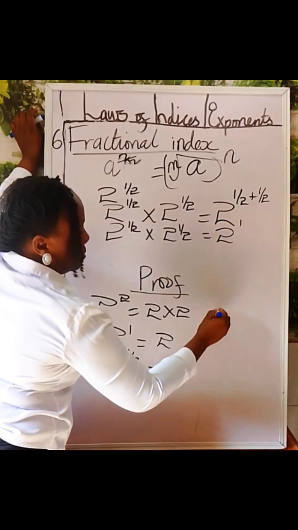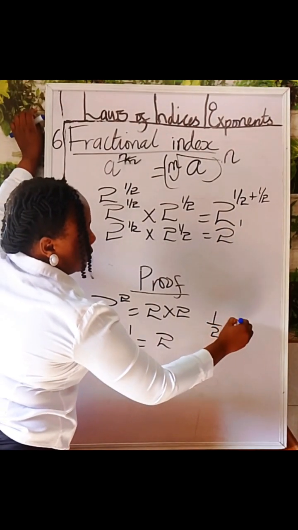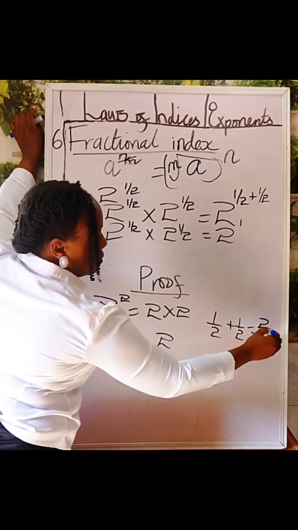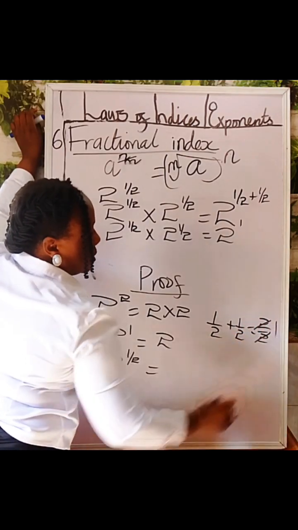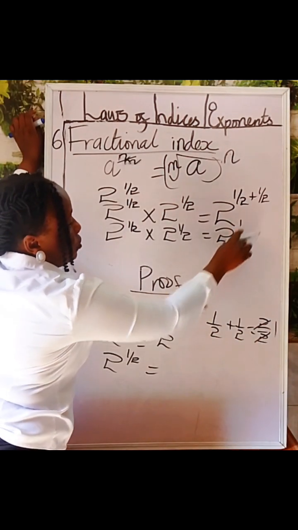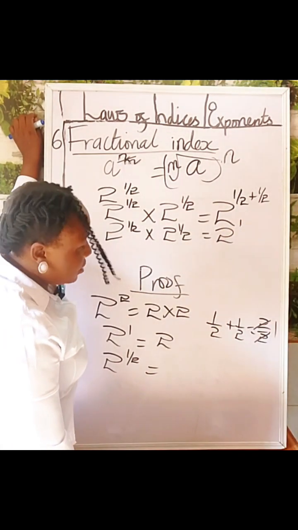Why is it 1? Because half plus half, with the same denominator, is 2 over 2, which is 1. Do you understand? So that is 2 to the power 1. I hope you're not confused.